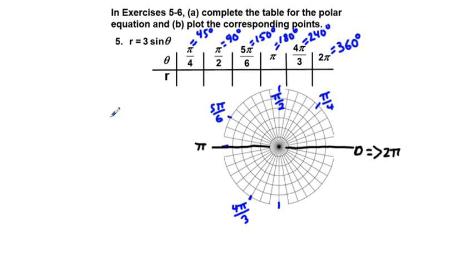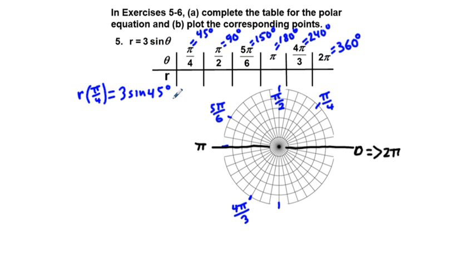Let's go to the equation now. We want to input each of these angle values. So r of the angle pi over 4 is the same as 3 times the sine of 45 degrees.